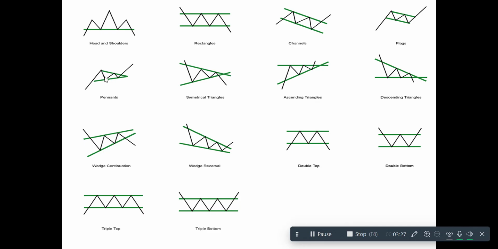This looks like a triangular flag, and then you have the triangles, which, like I said, look like the pennants. These are descending triangles. We have descending flags as well. When you find this shape, there is a big possibility that price may want to break to the upside.